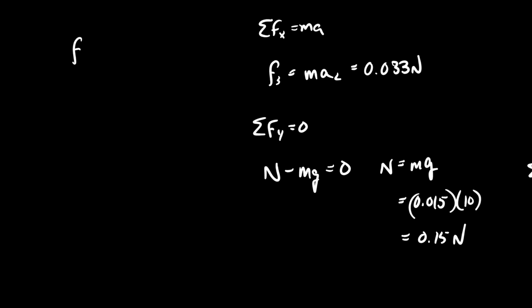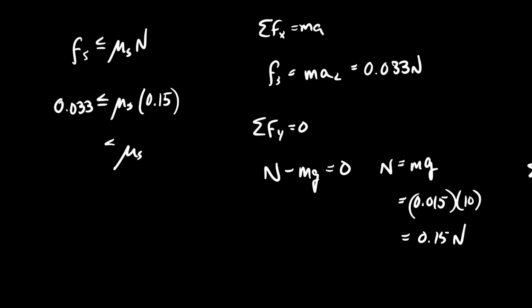And we know that the static frictional force is less than or equal to the coefficient of friction times the normal force. So 0.033 must be less than or equal to mu s times 0.15. Well, that means mu s has to be greater than or equal to 0.22.